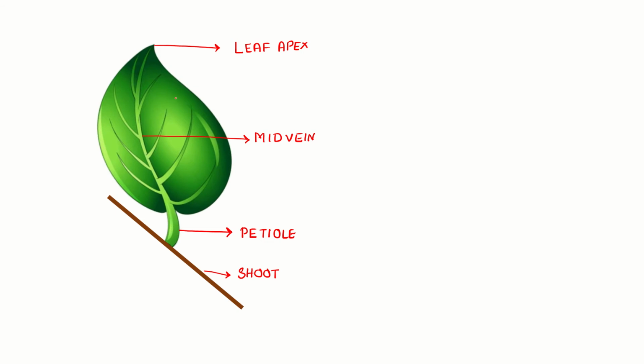This one is what? This is the leaf lamina, right? Now see, this part over here will have a network of veins like this.